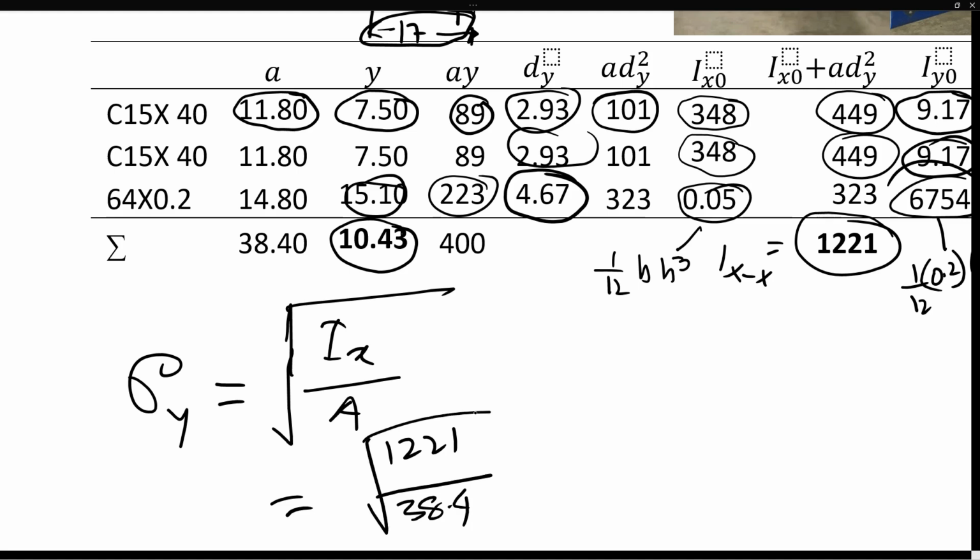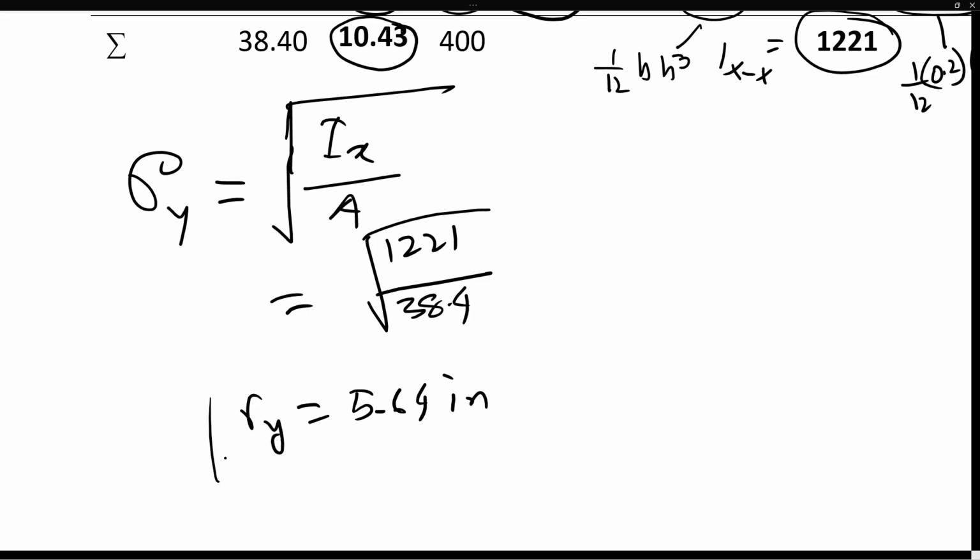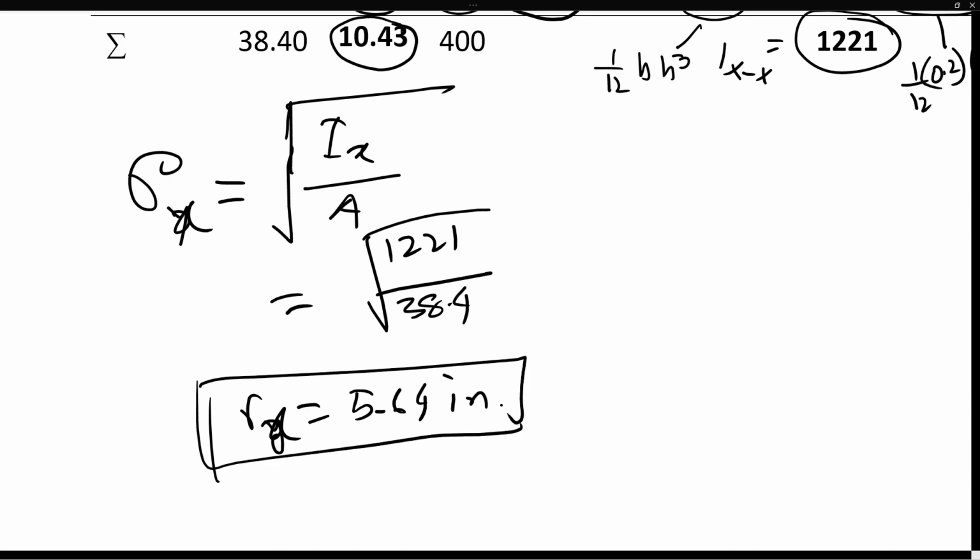If you take the square root of that, I found 5.64 inches. This is very similar to the moment of inertia, but it is relevant when you're doing columns later on in the chapter. We'll be discussing column load calculation.